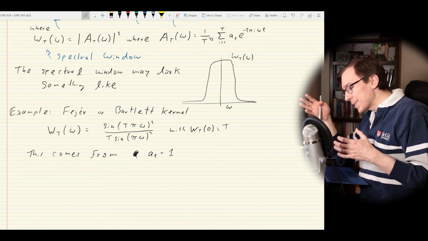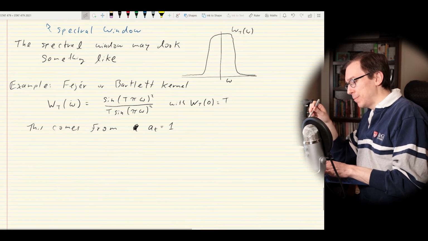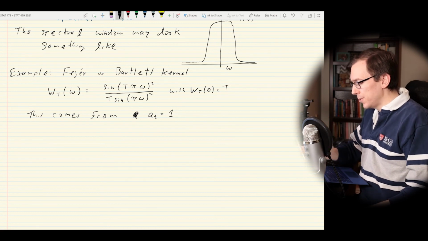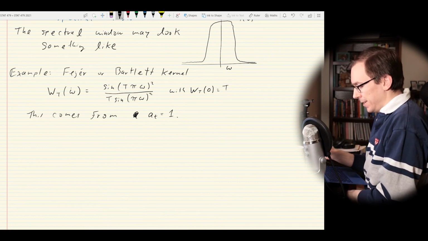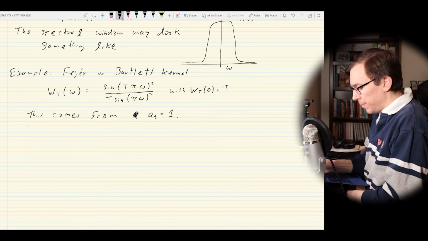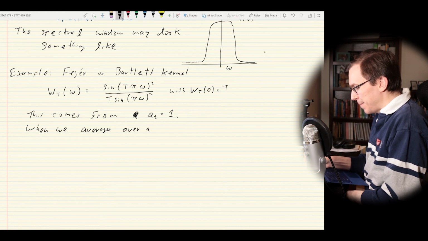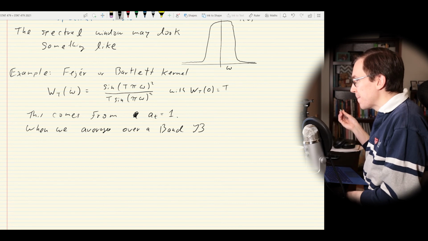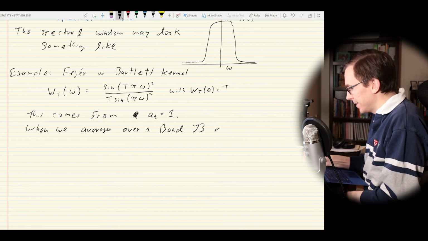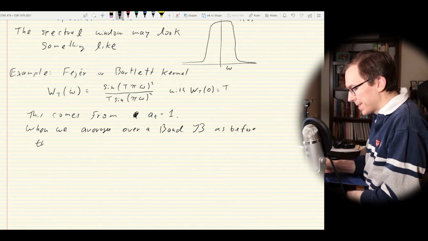But more interestingly is not this kernel, but what happens when we do that averaging from above. Banding, that is. When we average over a band, script B, as before, then what happens?